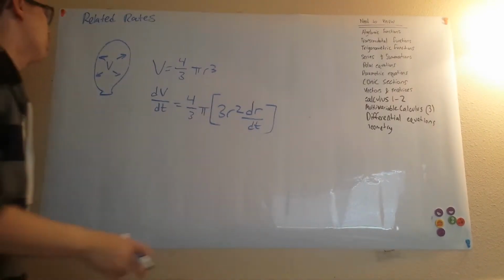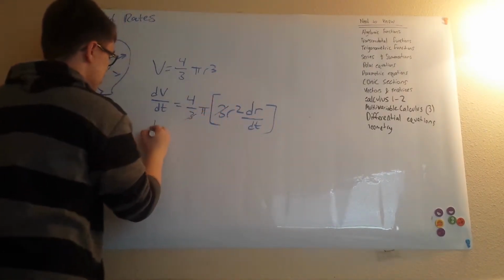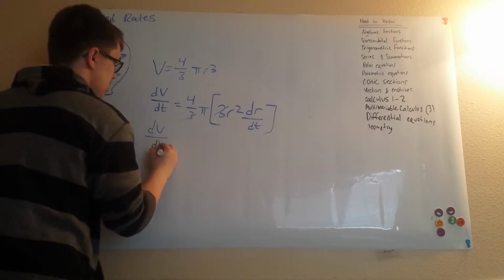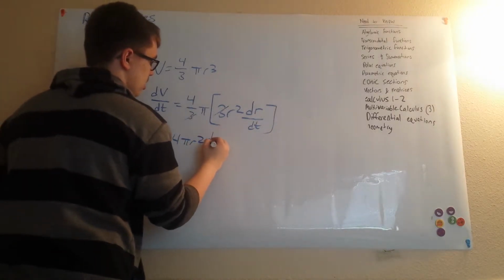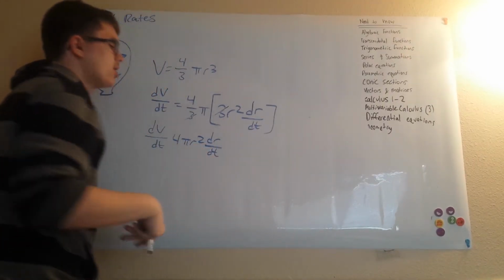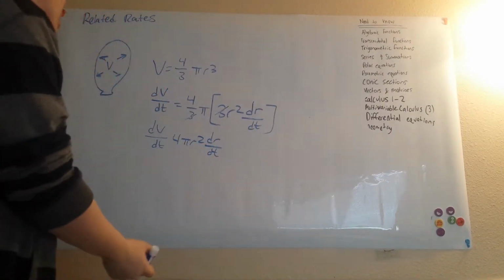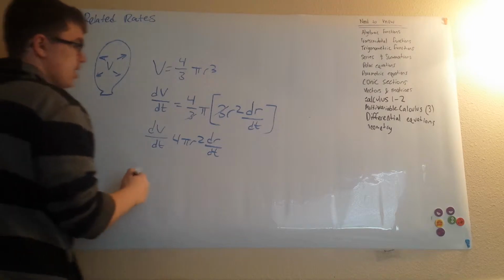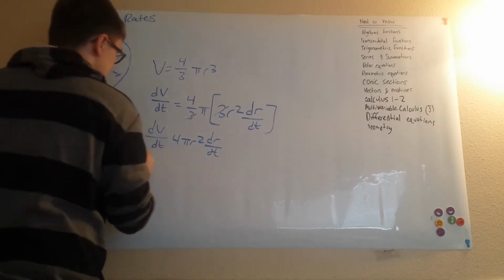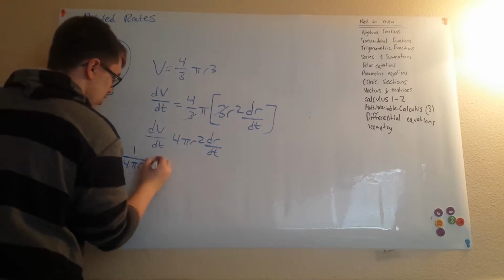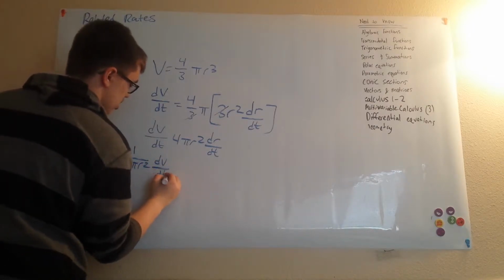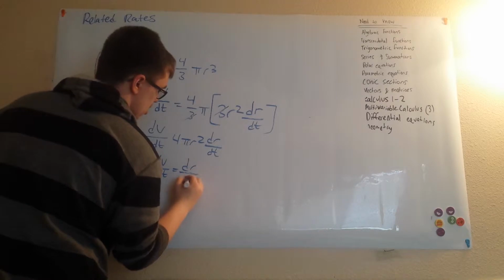But we have these 3's cancel out, so dV/dt equals 4 pi r squared dr/dt. And we want to solve for dr/dt because we want to know what the rate of change of the radius with respect to time is. So we divide, and we get 1 over 4 pi r squared times dV/dt equals dr/dt.